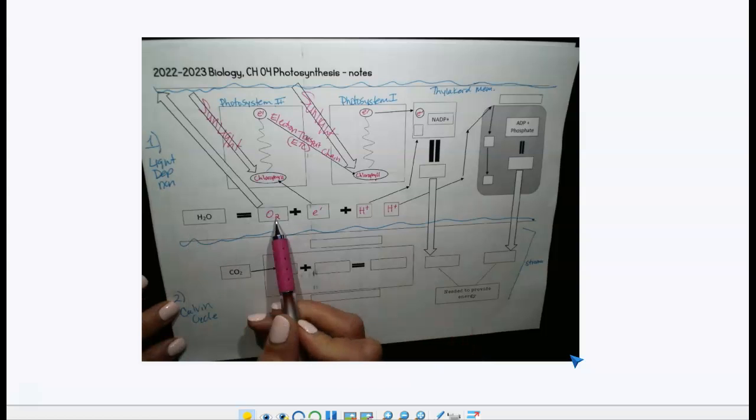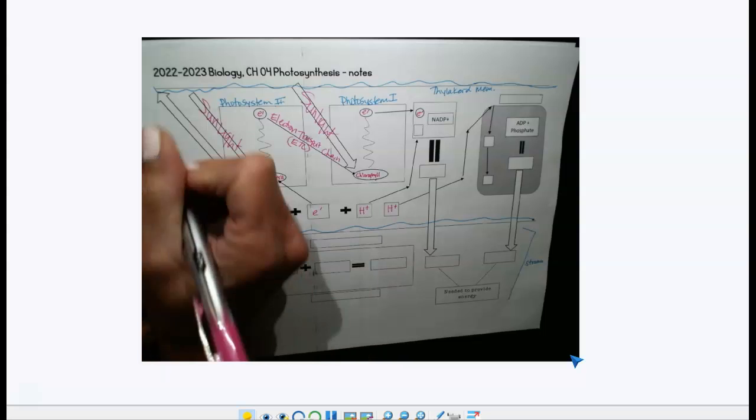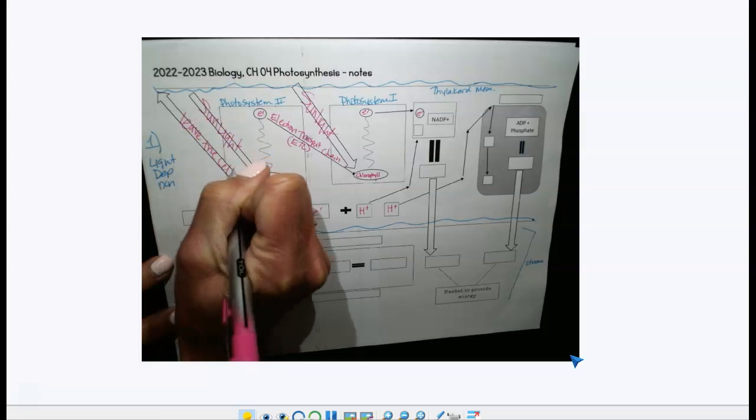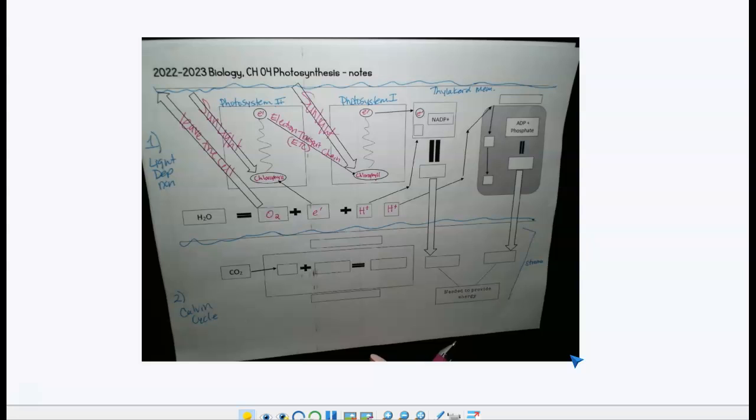That oxygen gas is the gas that we breathe. That oxygen gas is going to leave the cell. It's actually a waste product for plants. It's good for us, but plants consider it a waste product. So that's going to leave the cell.